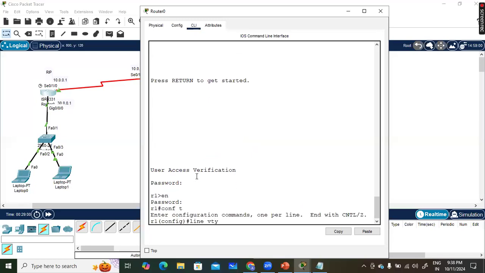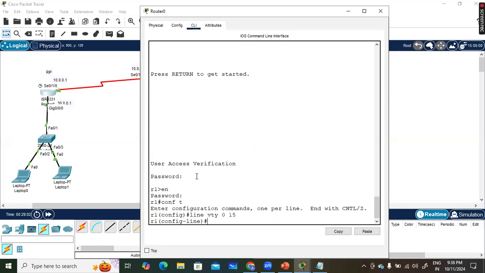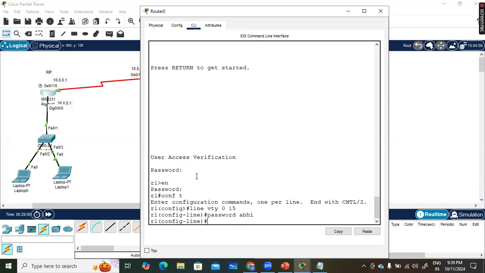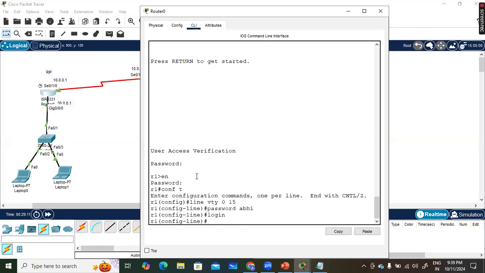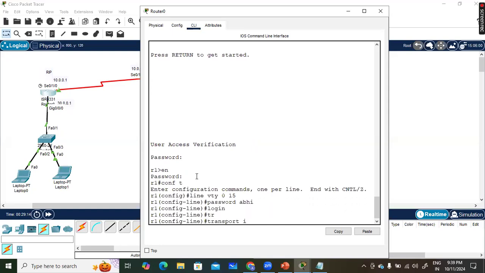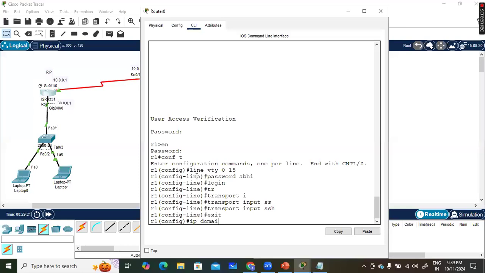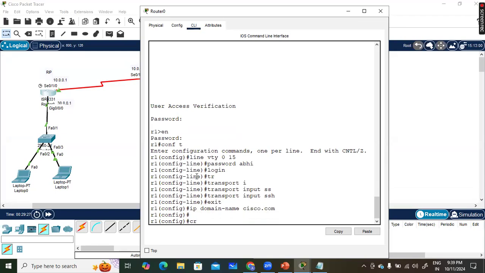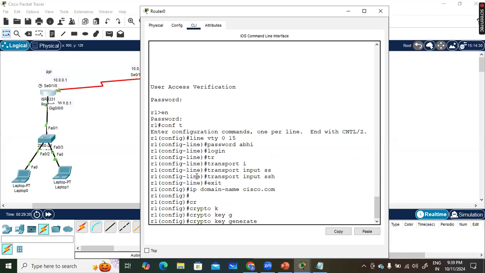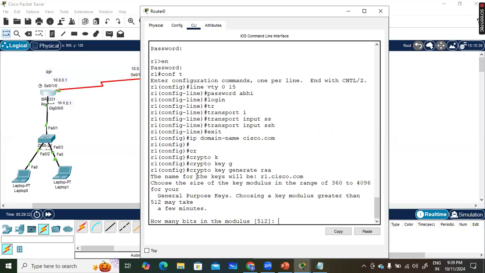Line vty 0 15, enter. Password is Abhi, enter. Login. Transport input SSH, enter and then exit. IP domain name cisco.com, enter. Crypto key generate RSA 512.